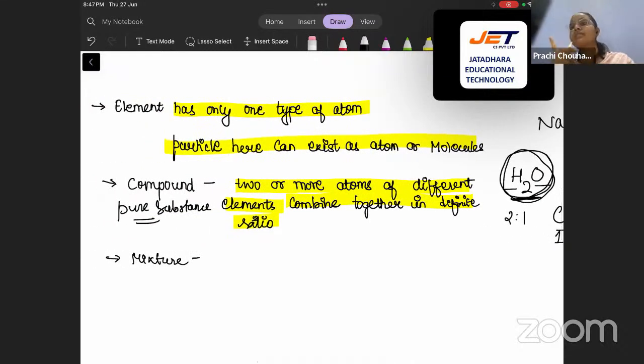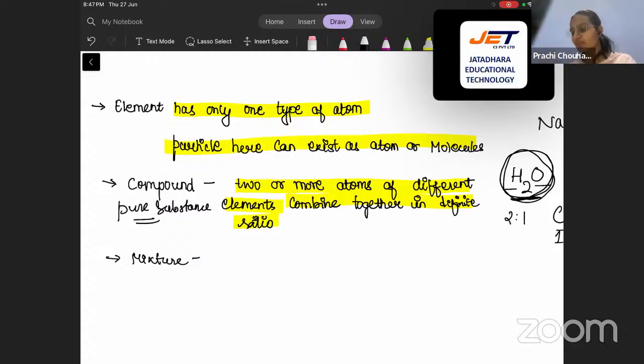That is for the pure substances, which include elements and compounds. So if somebody asks you whether hydrogen is an element or a compound, you will say it's an element, where it exists as a diatomic molecule. Whereas in compounds, we will have two different kinds of elements.